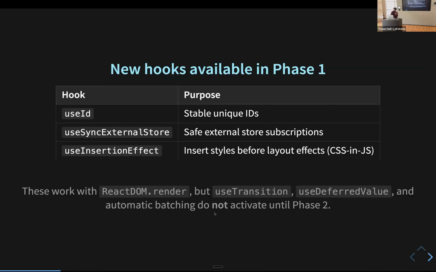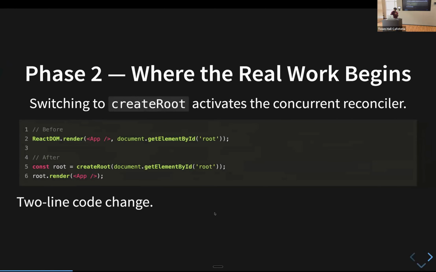Concurrent mode specific features like batching also don't kick in yet. So what's next? Once you have resolved all your TypeScript issues and you're on React 18, you can move to phase two, that is switching to the concurrent renderer. The concurrent renderer is nothing but two lines of code: using createRoot and calling root.render.